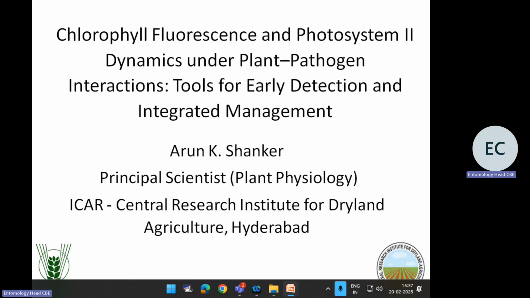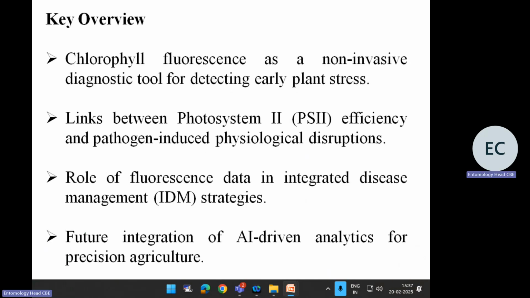So the title is chlorophyll fluorescence and photosystem 2 dynamics under plant pathogen interactions and tools for early detection and integrated pest management, disease and pest management. The key overview of the talk will be on chlorophyll fluorescence as a non-invasive diagnostic tool for detecting stress, and links between photosystem 2 efficiency and pathogen-induced physiological changes when there is a disease infestation.